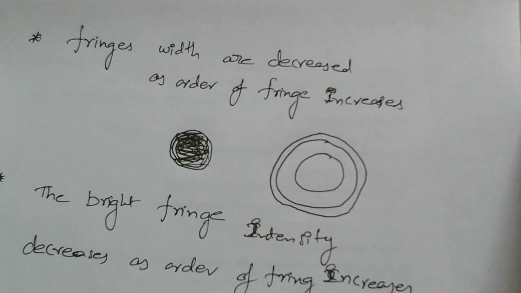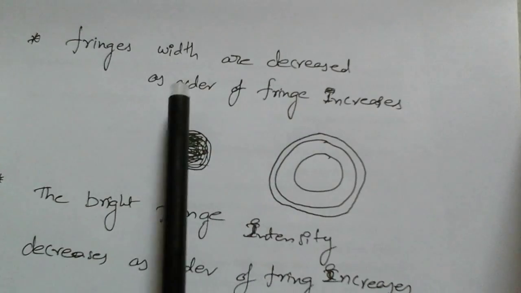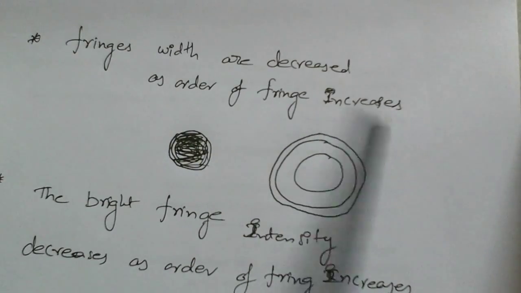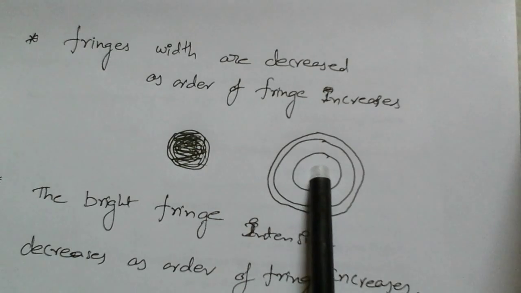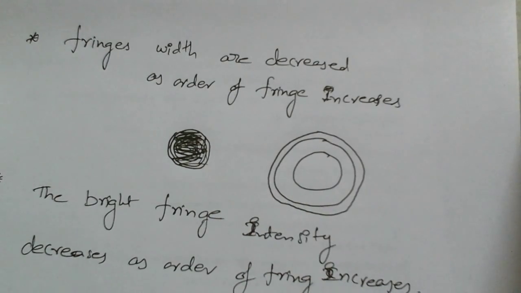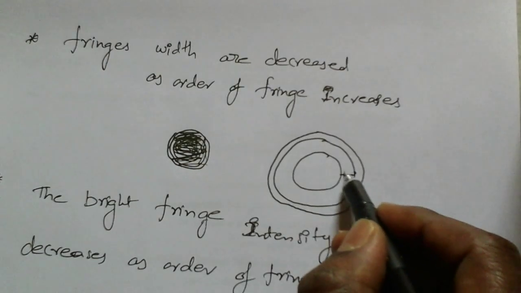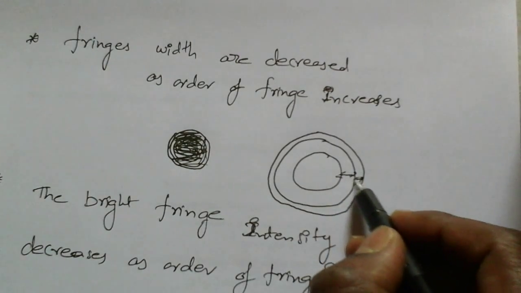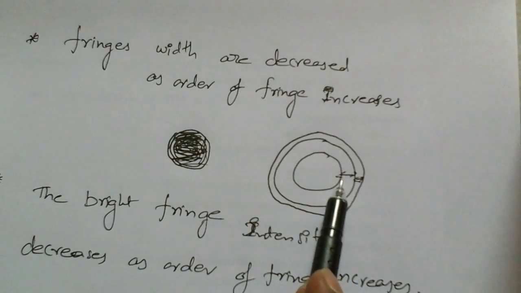In diffraction, you can see that fringe widths decrease as the order of fringes increases. See, this bright fringe width is more if you compare it with this width. So this width is less, this width is more.